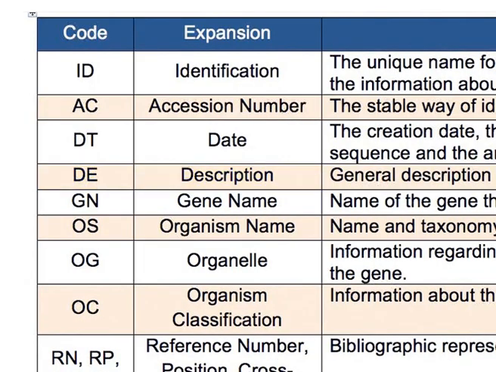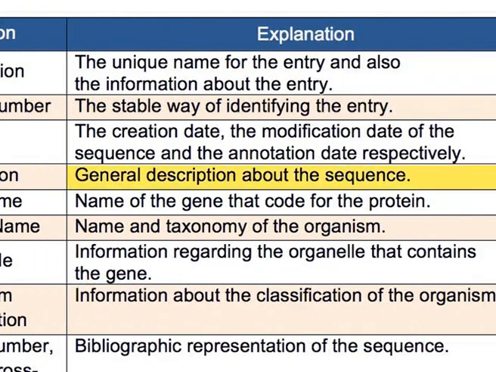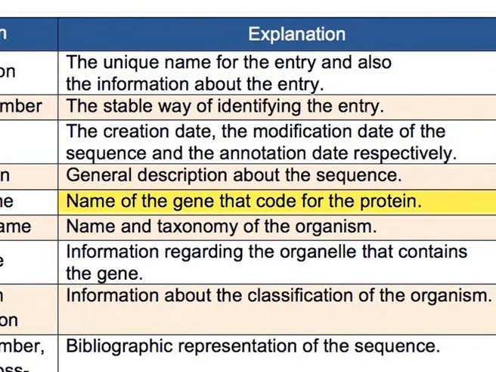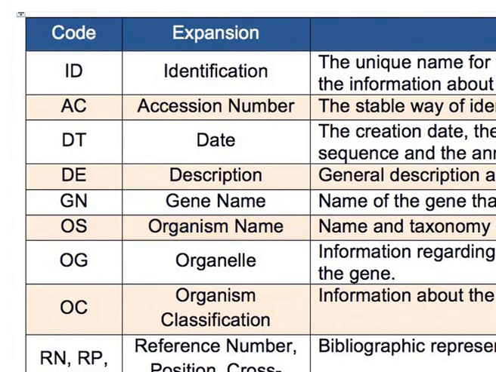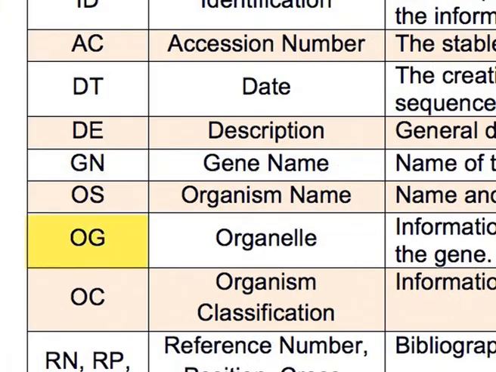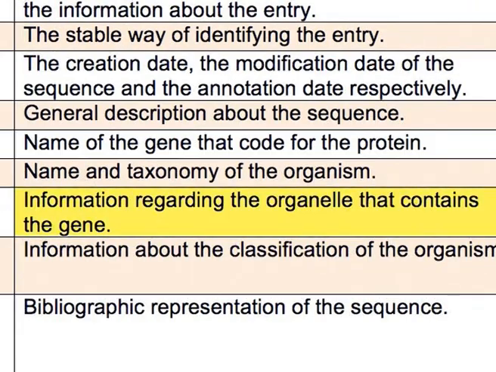DE, it's a description, gives a general description about the sequence. GN, it's a gene name, gives the name of the gene that codes for the protein. OS is the organism name, the name and taxonomy of the organism. OG is the organelle, information regarding the organelle that contains the gene.